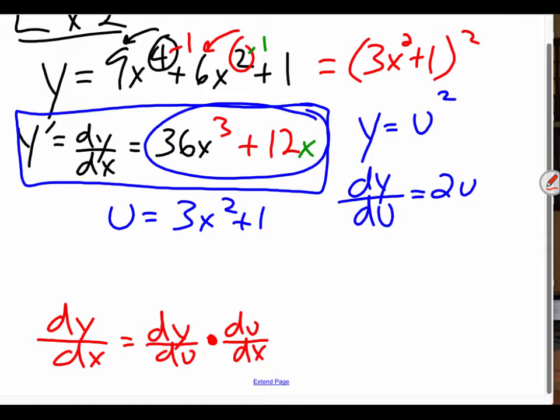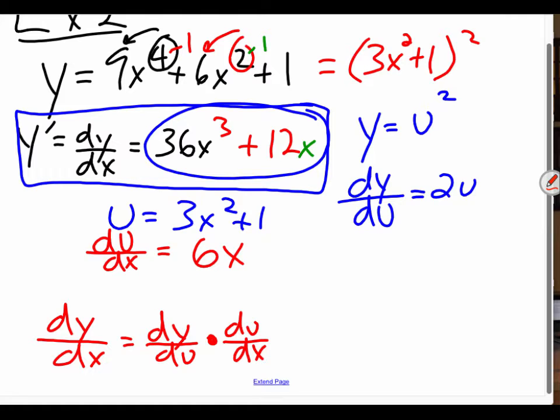So, here's my u. I'm going to take the derivative of u with respect to x. Does that make sense? So 6x. Yeah, so then this becomes 6x. Does that make sense?